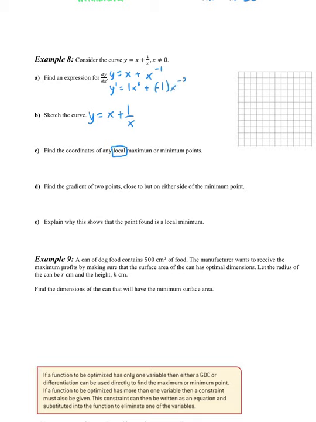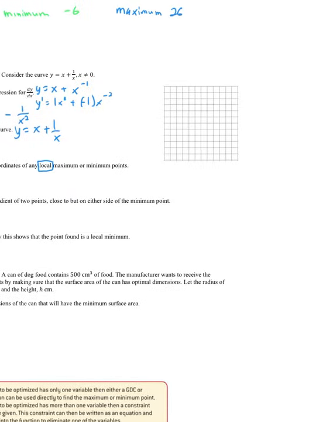So this really becomes dy/dx equals 1 minus 1 over x squared. Or we can say 1 minus x to the -2 power. But when we're graphing it, I think it's going to be easier to graph it in this way. All right. Then we should be able to go ahead and sketch a quick graph of our function.